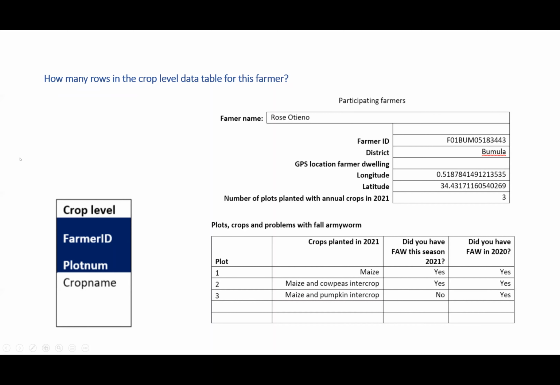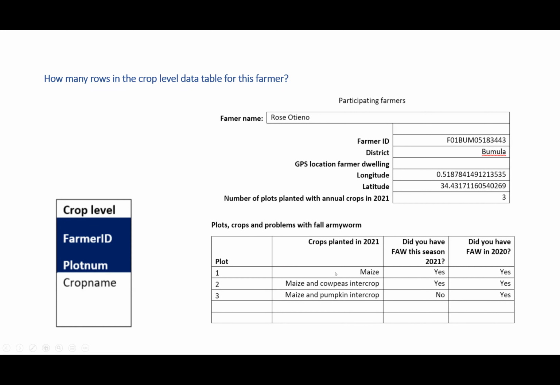How many rows will contribute to this table? Anyone suggesting? This is a little trickier than the previous one. 3. Okay? One could say 1, 2, and 3.